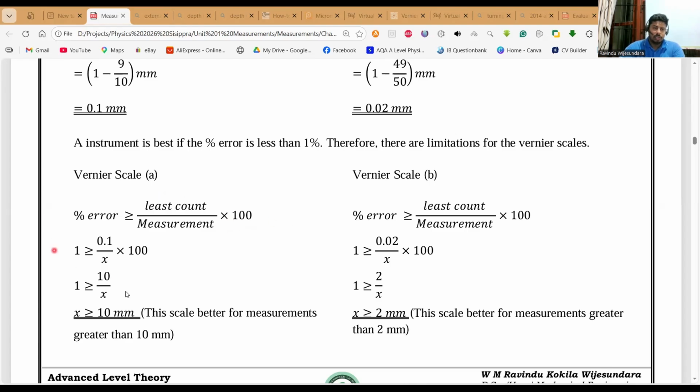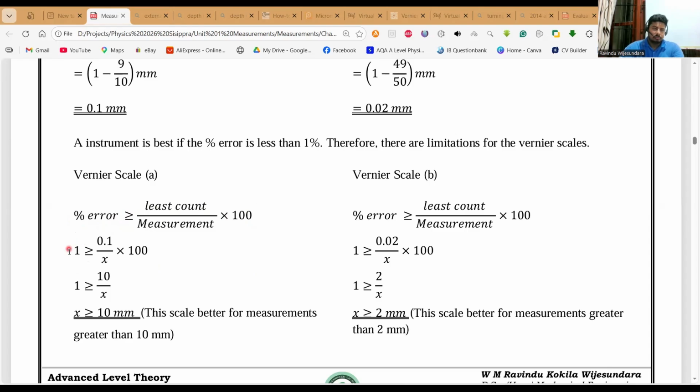Okay, so if you calculate this for the first vernier scale, we know the equation: the percentage error must be less than or equal to least count divided by measurement multiplied by 100. What we need to find is a range of measurements. That's why we are putting an inequality also. Percentage error must be less, right?